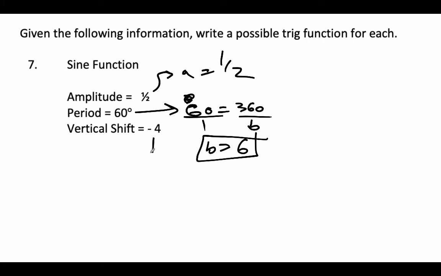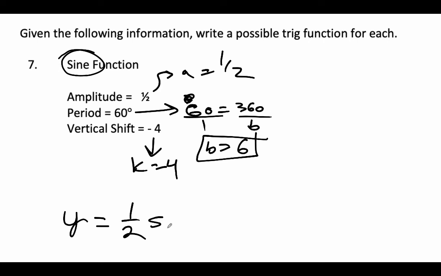A is a half. K is -4. Notice no phase shift on this one. It wants a sine. That means that we got to do y equals a sine b theta or x or t, and I don't have an h, so I don't have to put it in parentheses, minus k. There you go.